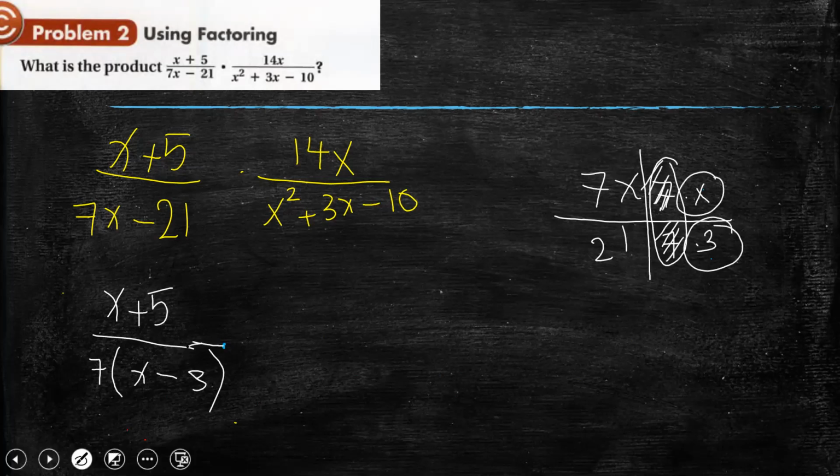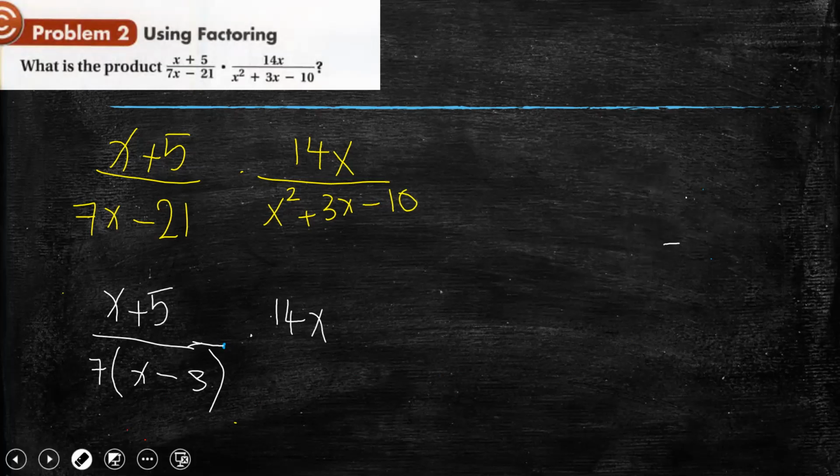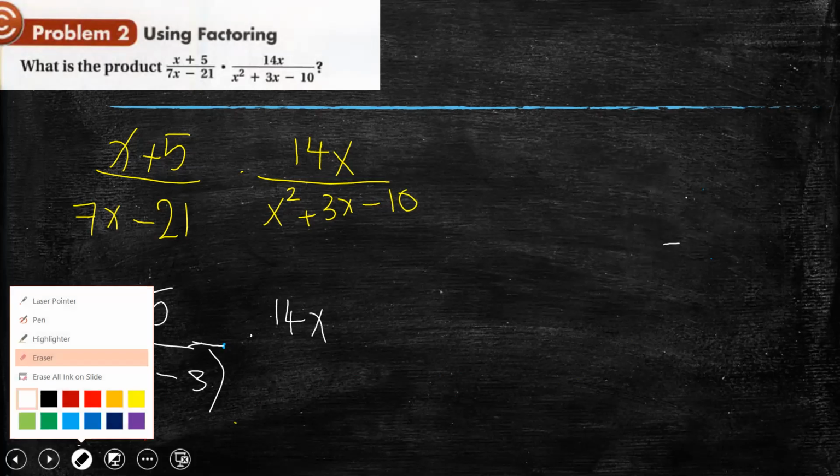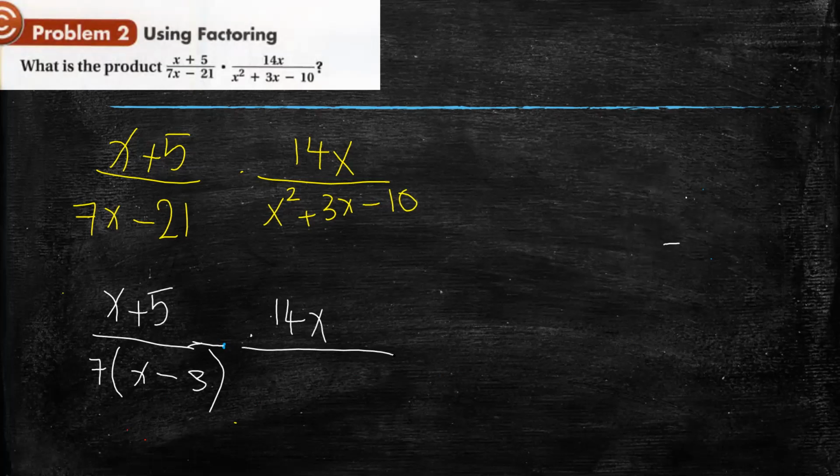Then let's continue up here. 14x, keep it as it is because we cannot simplify it. Then look at the second denominator here: x squared plus 3x minus 10. How can we factorize it?